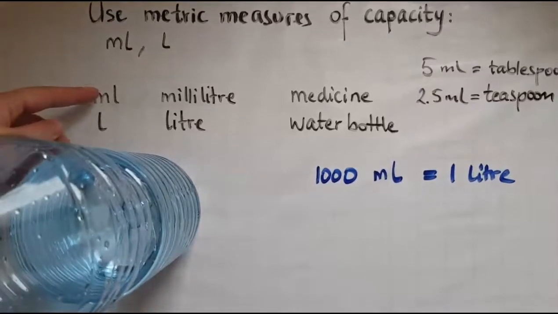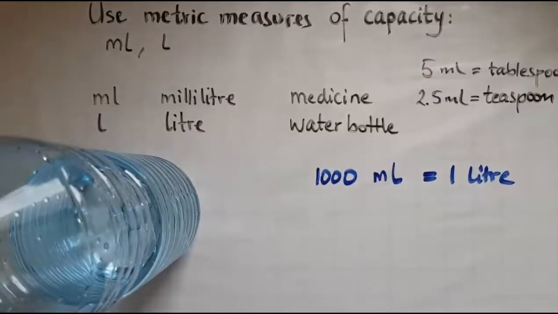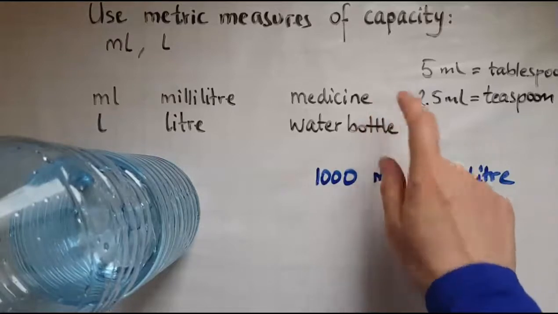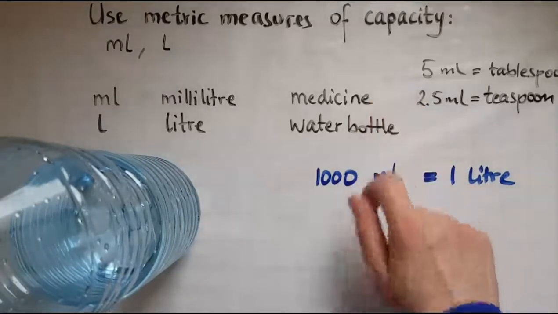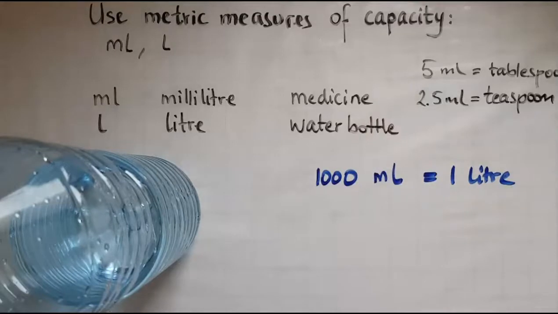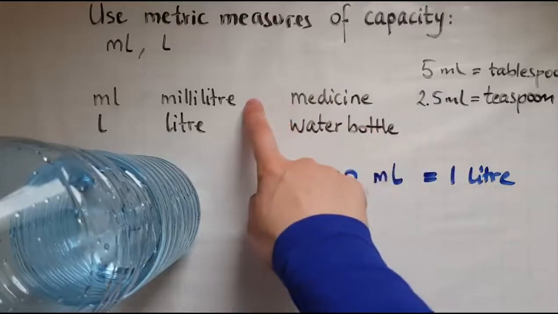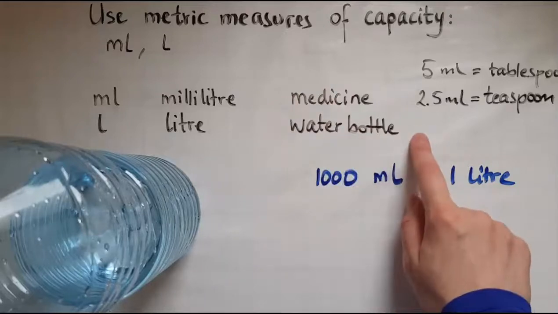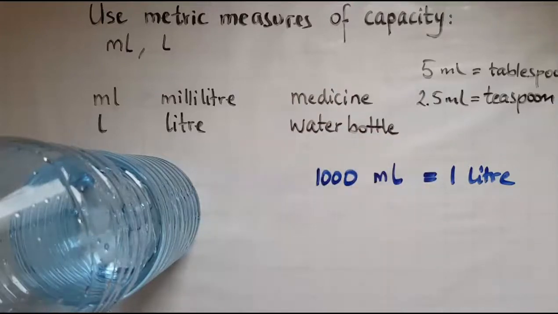So a milliliter is much smaller than a liter, and these clues about medicine being in small amounts will help you remember how much there is in a milliliter. And for liter, we've got water bottles or Coke or whatever you drink, or orange juice. So have a look at liter bottles and try to use those to estimate the capacity of other objects or containers.